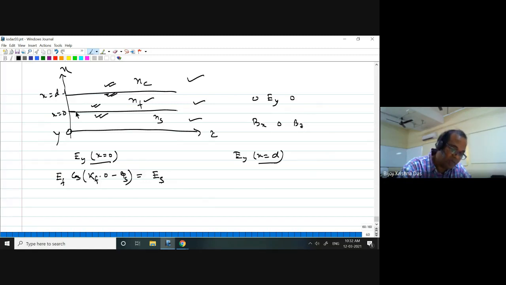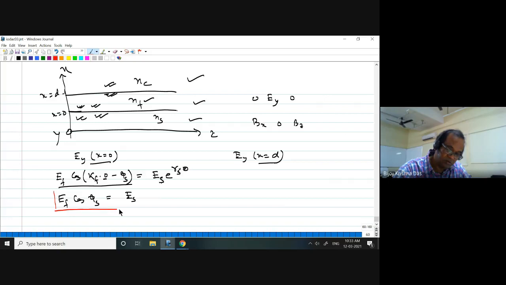Ey is the tangential component. So I put x equal to 0 in both solutions, and e to the power gamma s x with x equal to 0 is 1. This gives me one equation: EF cos phi s equals ES.